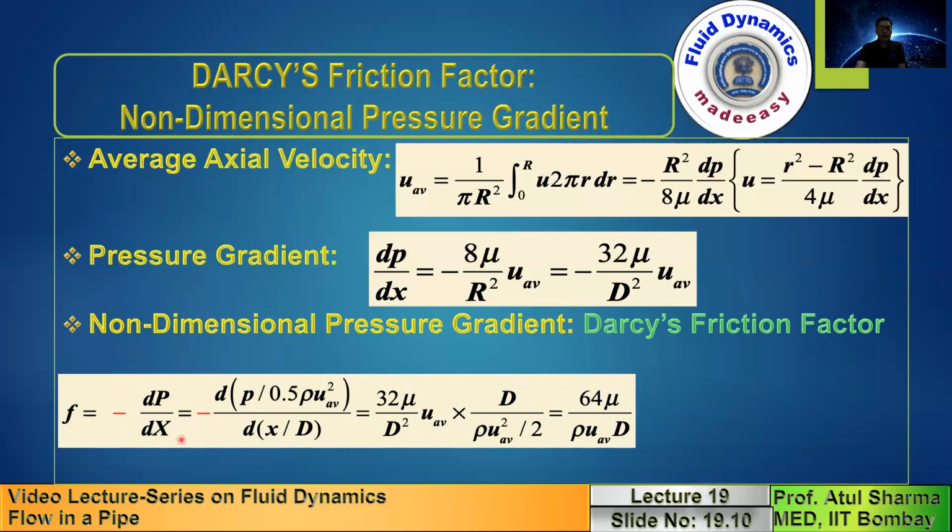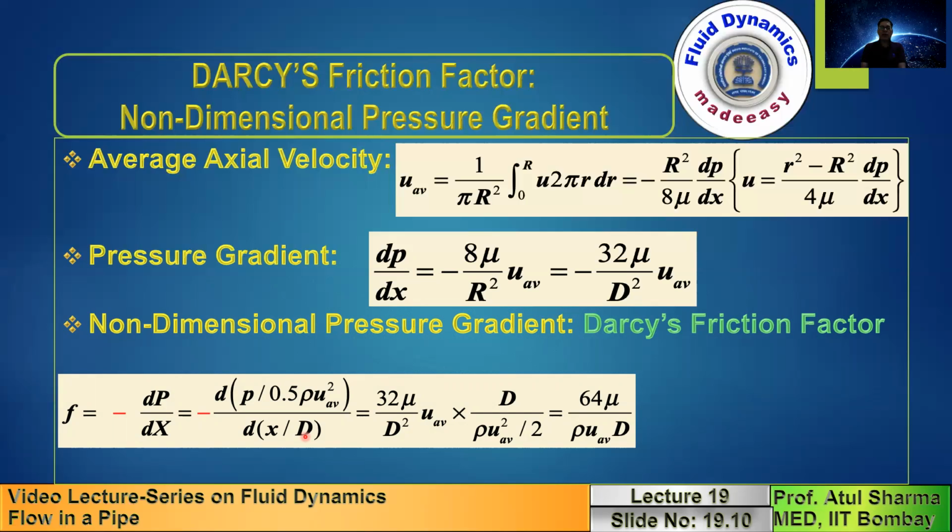The capital X is the non-dimensional axial coordinate, which is given by the dimensional x coordinate divided by the length scale, which is the diameter. Whenever you solve a fluid mechanics problem, such as flow in a pipe, at least one value of velocity and one length scale will be given to you, which is characteristic of the problem.